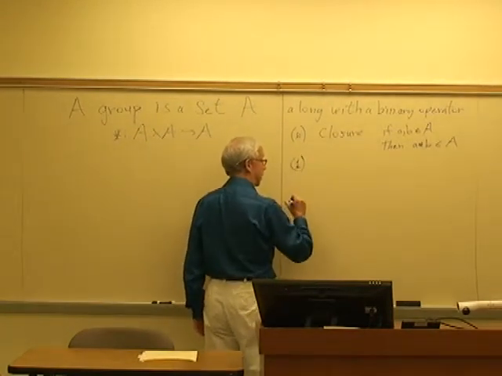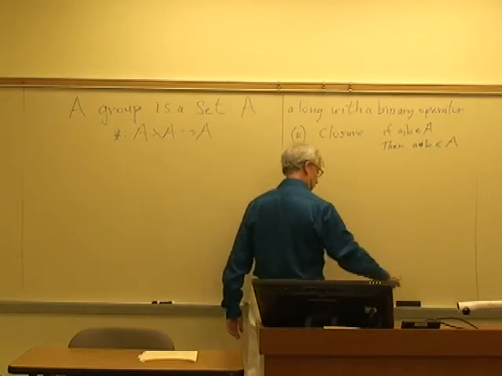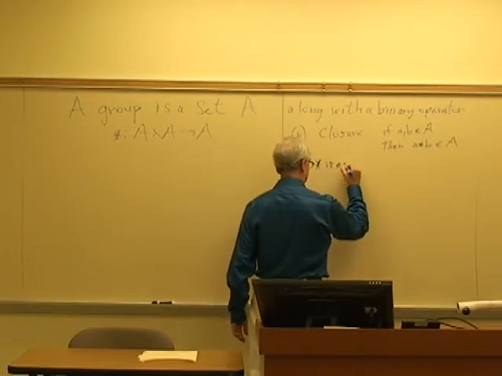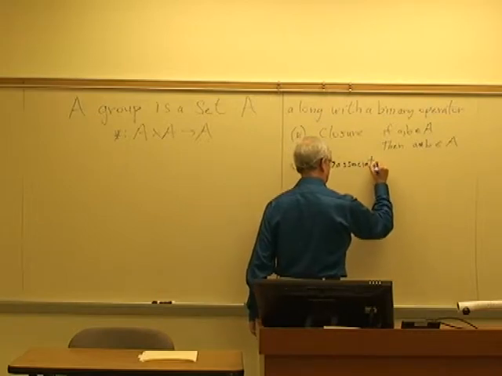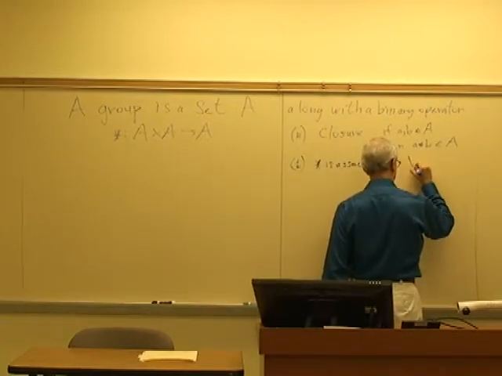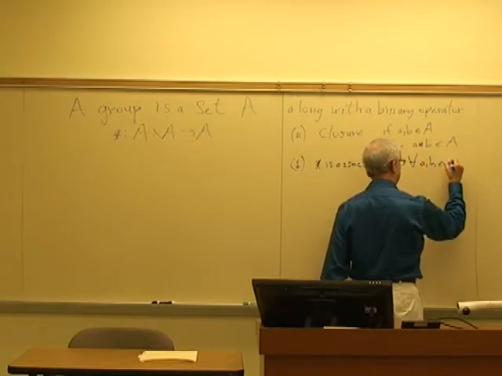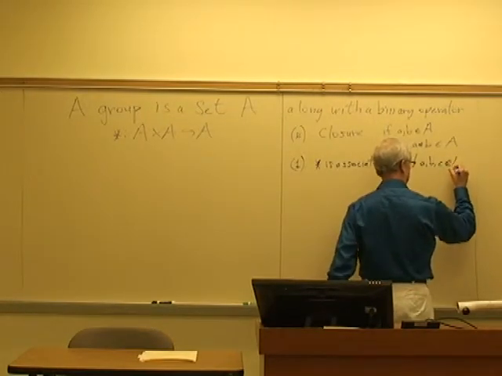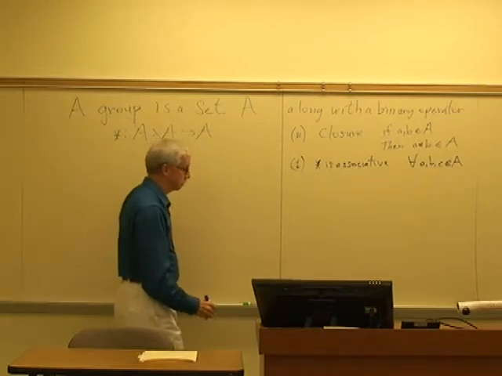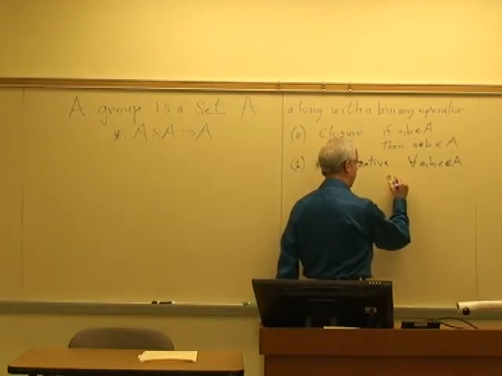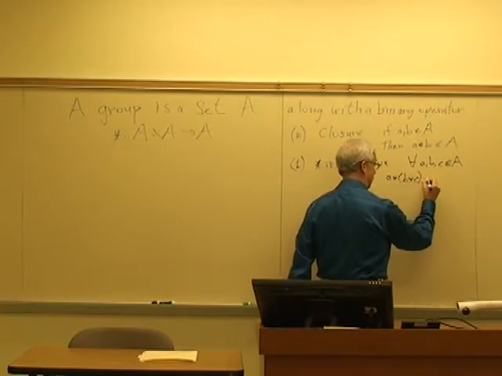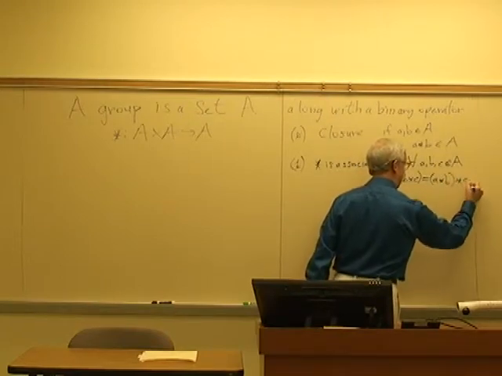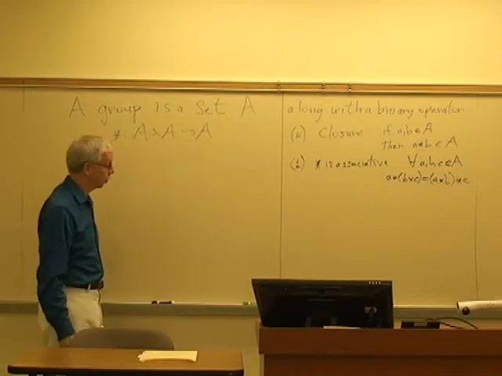And then what else do we need? The fundamental property we need is associativity. And that means for all A, B, C in my set, I must have A star the quantity B star C must be the same as the quantity A star B starred with C. That is, I can freely decide which operation I do first without changing the order.